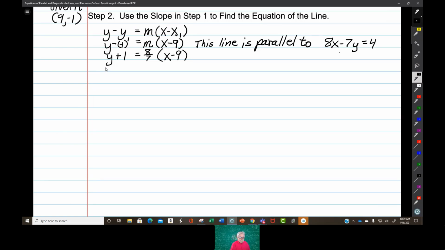So since I've slept since last week, let me rewrite this the way I need to. The way we get rid of a fraction is to multiply both sides of the equation by the denominator of the fraction.